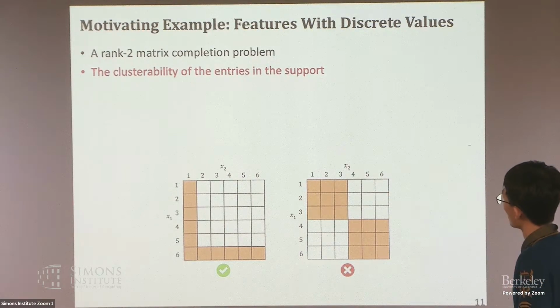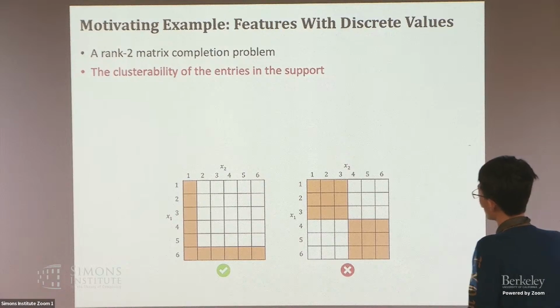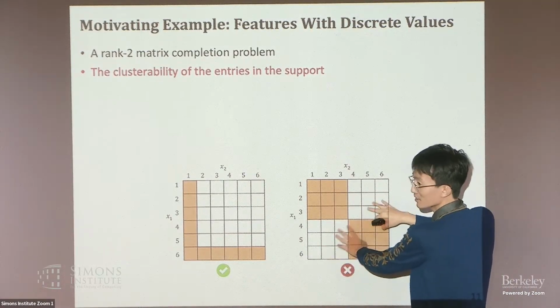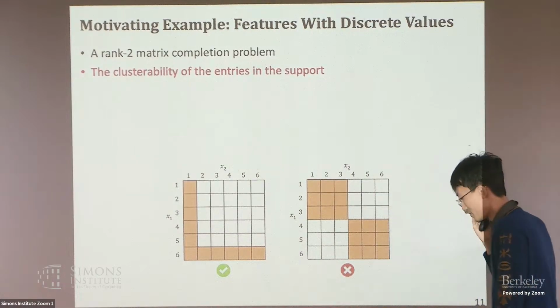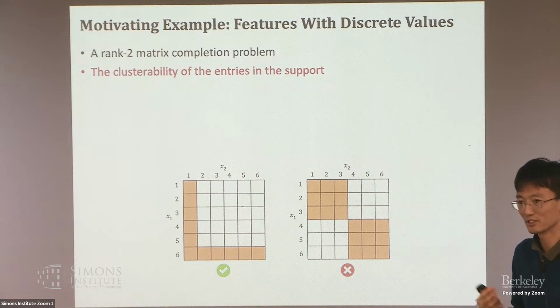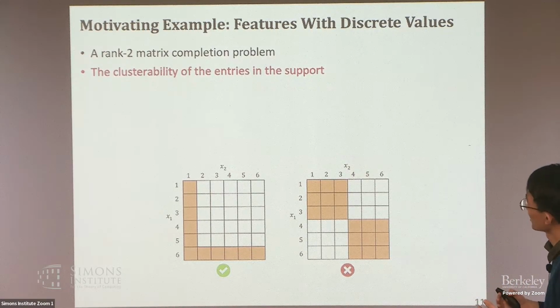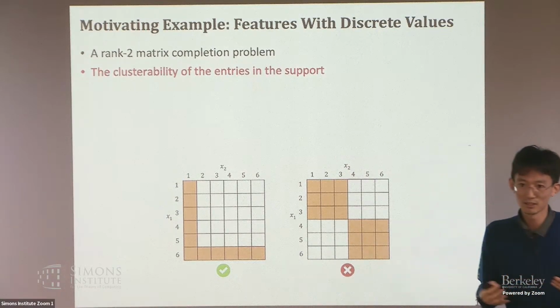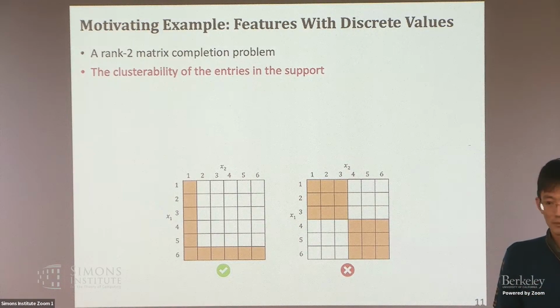When you have this rank 2 structure in a table, you see some values here, you want to complete the matrix, and whether you can complete it just depends on the spectrum of this matrix. From the graph perspective, it's about clusterability, and from the matrix perspective, it's about the spectrum of the matrix, right?